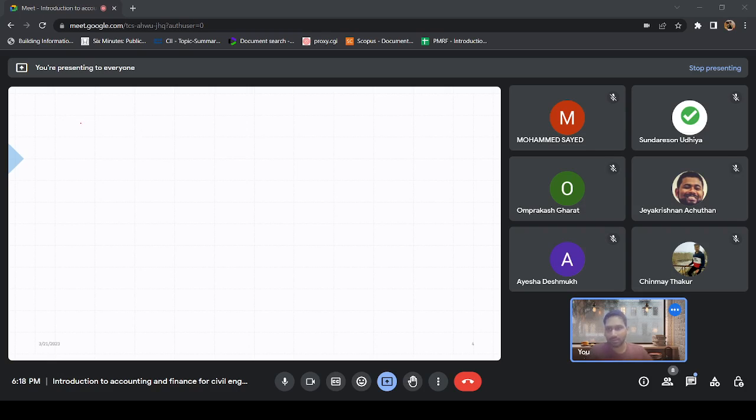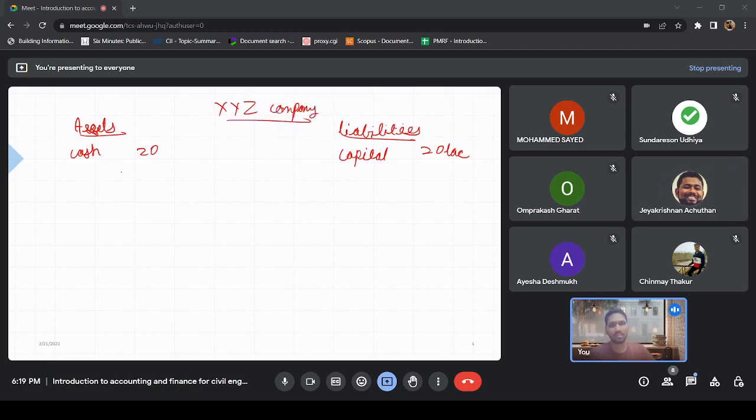I will write my assets here and liabilities here. I won't be making it formal, just try following. Let's suppose that you infuse a capital of 20 lakh. If you infuse a capital of 20 lakh, it will increase your cash by 20 lakh for the company. Okay. This was the first day.